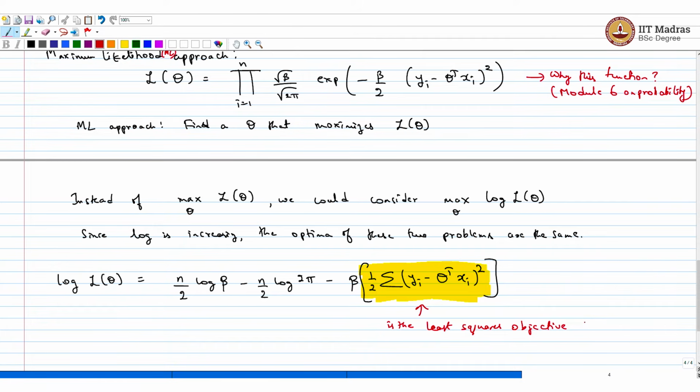This one is the least squares objective that we minimized, if you recall, with respect to theta.